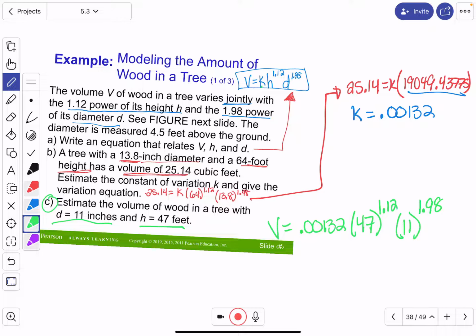So if you type that in your calculator, remember the caret is how you get exponents. We would end up with a volume of 11.36 cubic feet, because that's what they did the volume in.